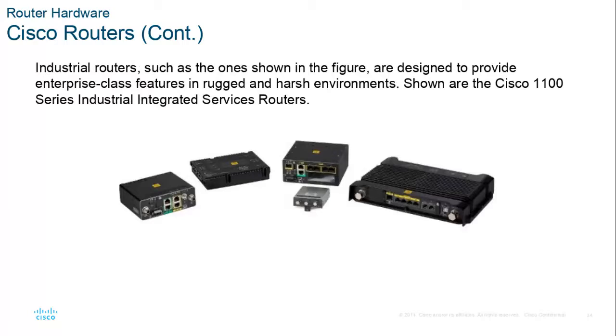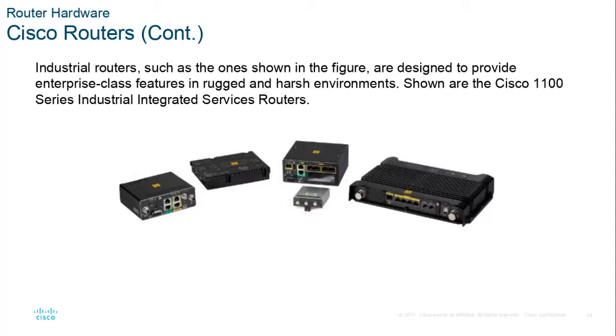Industrial routers are a special type of router designed to go in, let's say, a factory floor environment where there's oil coming from a lathe and it's dirty and noisy and smelly and there's electrical noise everywhere.